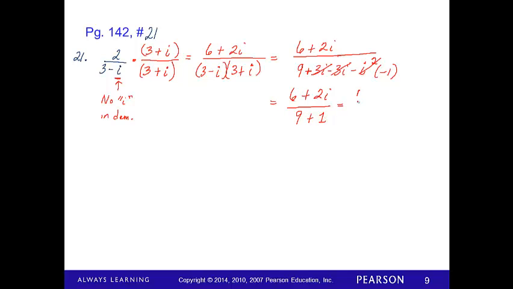And we end up with 6 plus 2i divided by 10. And then remember, you must separate the parts, so really this is 3/5 plus 1/5 i.